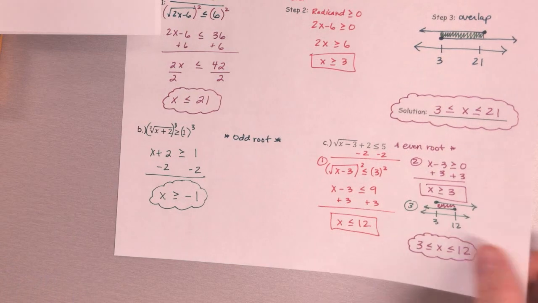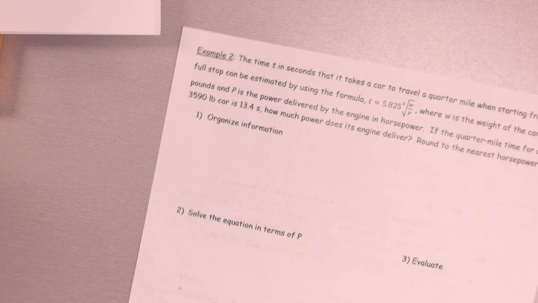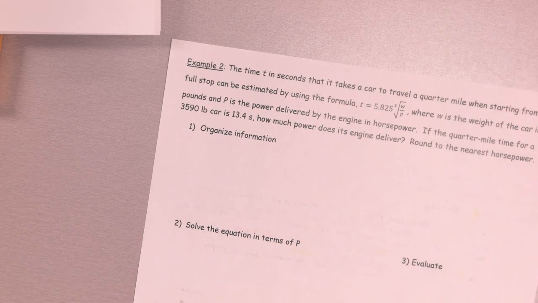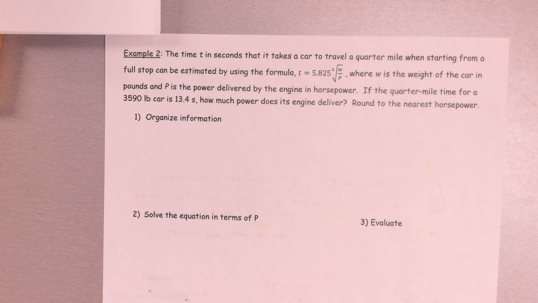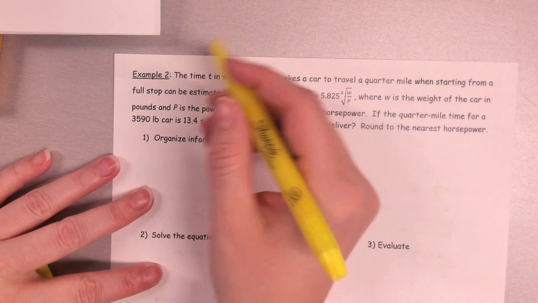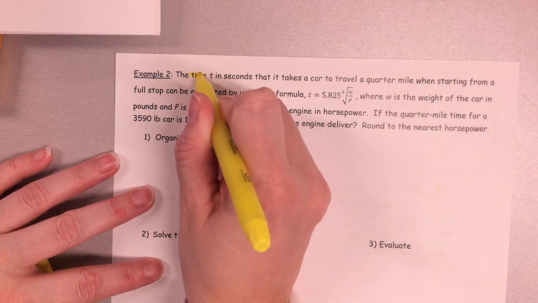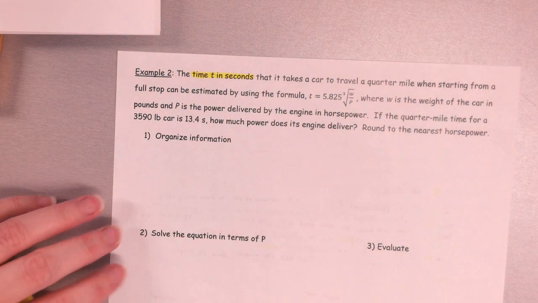Okay? All right, now we are going to do our applications. Okay? So we're going to read through this story problem. It says the time t in seconds. So anytime there's a variable, I like to just highlight that, the time t in seconds.